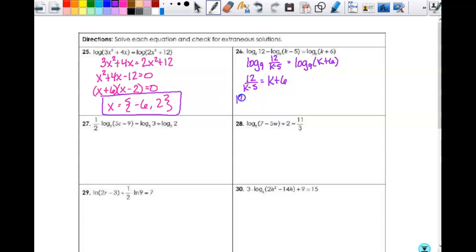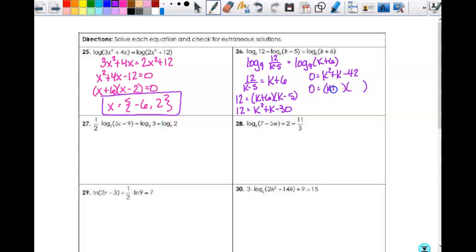Then I can multiply, so 12 equals k plus 6 times k minus 5. So 12 equals k squared plus k minus 30. Then I set it equal to 0. So I get 0 equals k squared plus k minus 42.